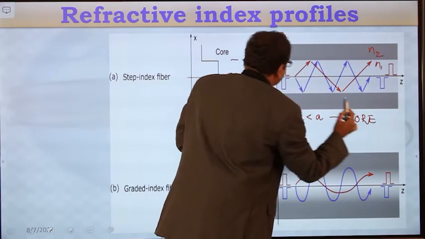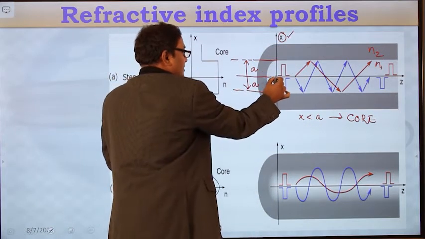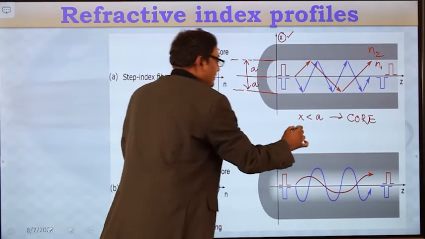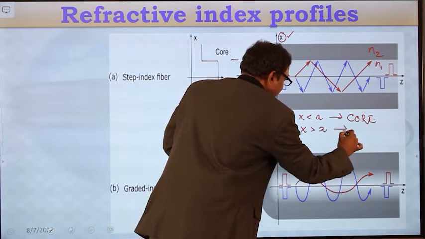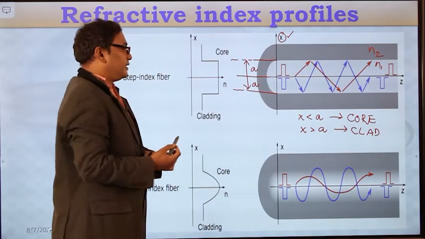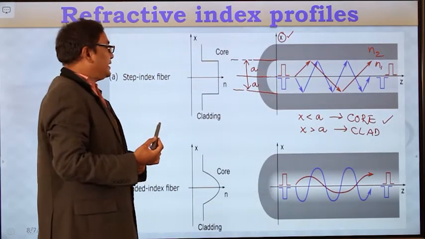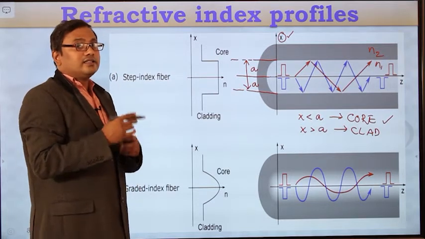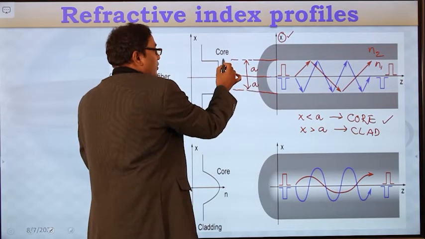And if this radial distance is greater than a, this is the center of the core axis, from this if it is greater than a, that is representing cladding medium. So in the core medium, that means for a radial distance which is less than the core radius, if the refractive index is constant, then that is the step index fiber. Now you can see, so here this is the core.